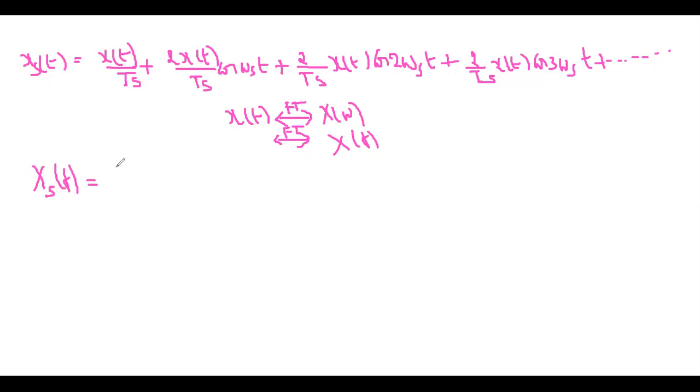is equal to 1 by ts, which is a constant. What is the Fourier transformation of x of t? X of f plus 2 by ts.